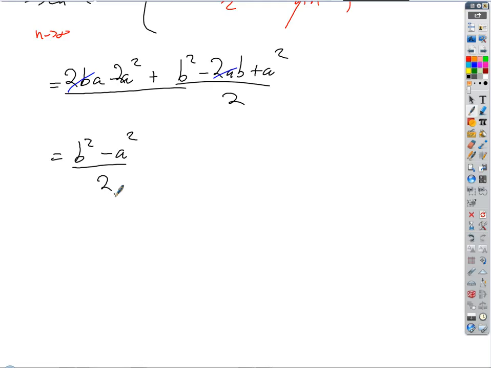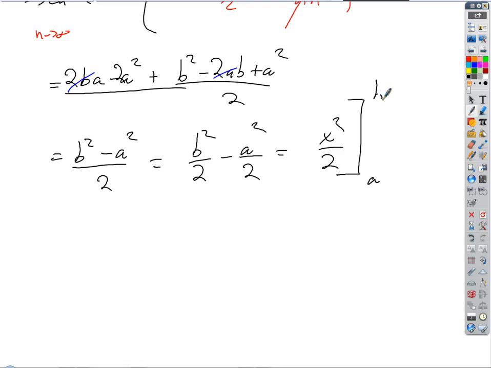I'm going to write this in a little different way. I'm going to write this as b squared over 2 minus a squared over 2. Okay, and I'm going to write this even a little bit differently. It's going to be a little weird. I'm going to write this as x squared over 2 evaluated from a to b.